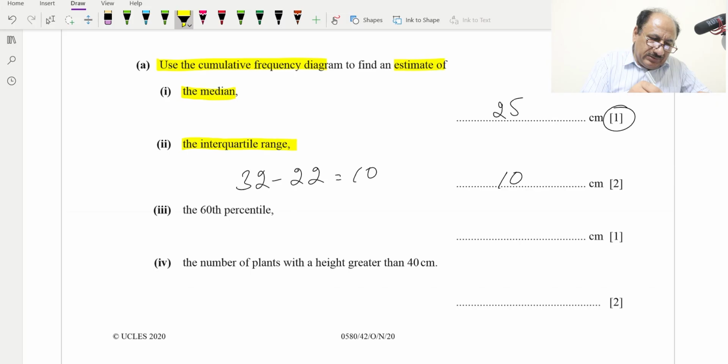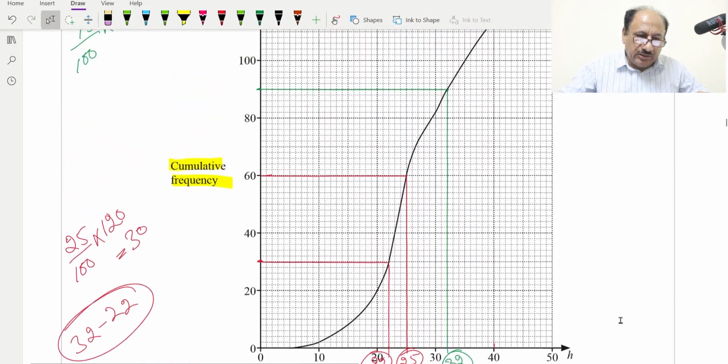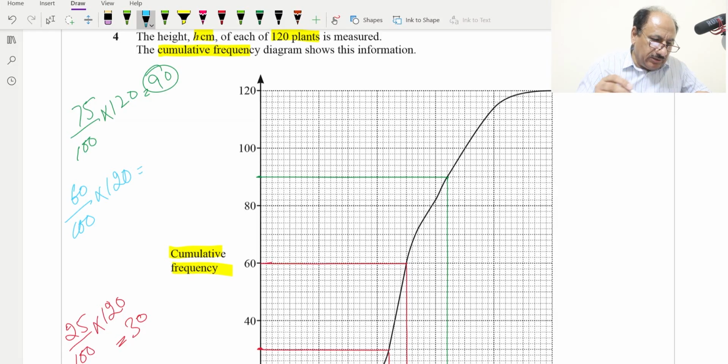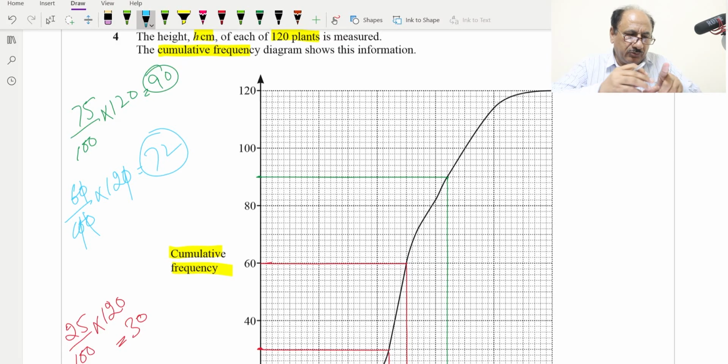Then they are asking for the 60th percentile. The 60th percentile we can also check from this graph. The 60th percentile will be 60 over 100 into 120, and we can cancel this 0 and this 0, and this will be equal to 72. So we have to check the reference for 72. 72 will be this point, and we can draw the line for 72.